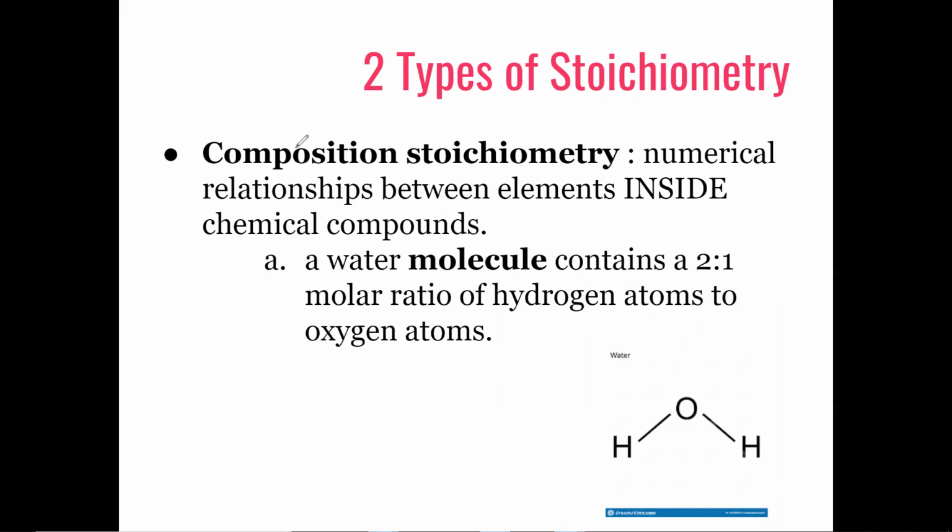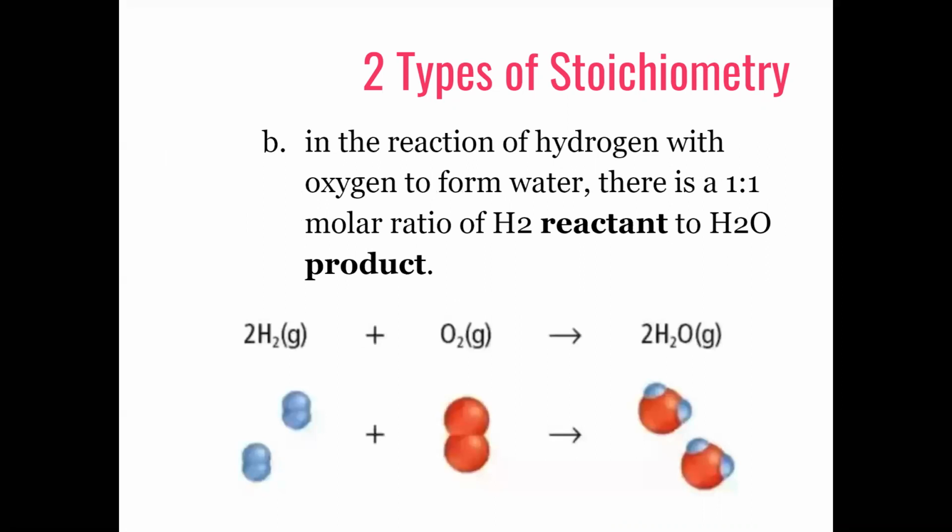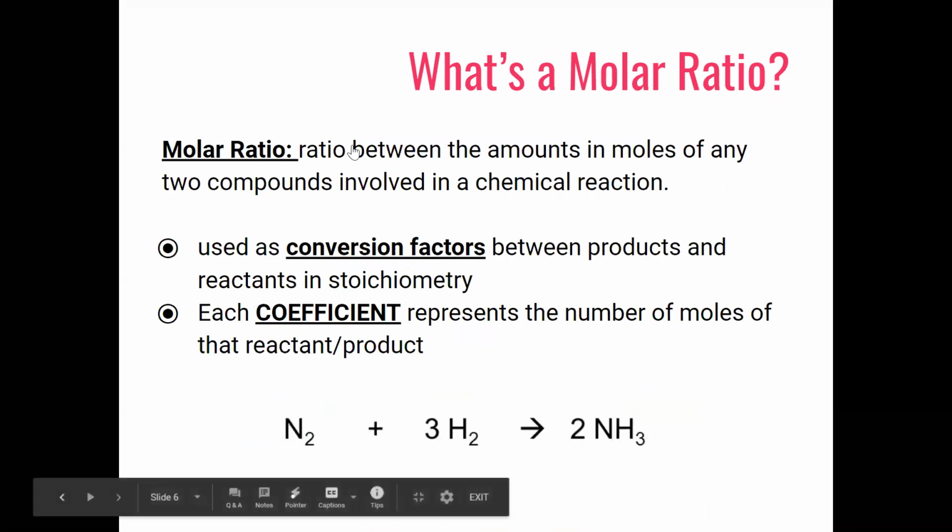This, however, is not the particular part of stoichiometry that we're going to be focusing on. We are going to be focusing on reaction stoichiometry, which is about molar ratios between reactants and products in a chemical reaction. Okay? So let's take the synthesis of water, for example. Let's stay with water.